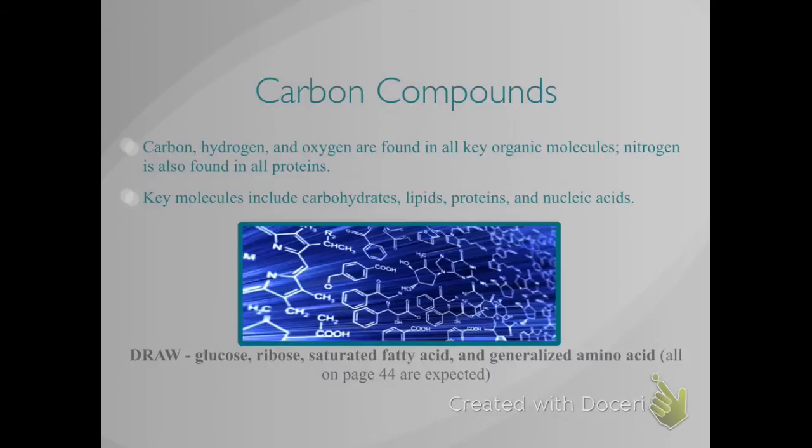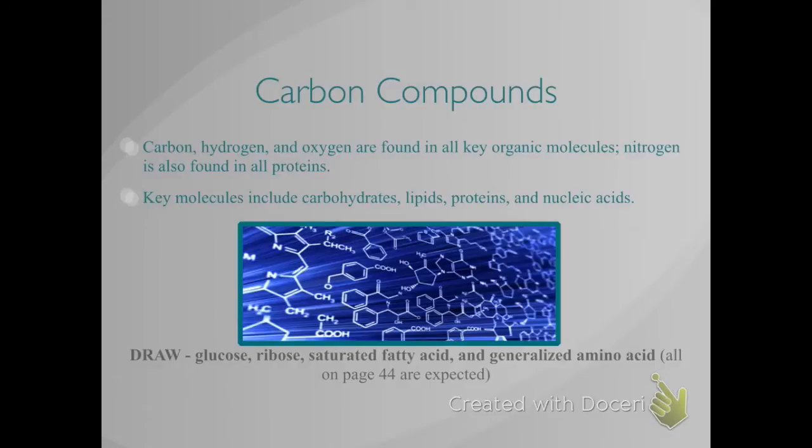So we are going to be getting very familiar with a few categories of carbon compounds. This includes carbohydrates, lipids, proteins, and nucleic acids. Those are our 4 essential organic carbon compounds needed for life. For all of these, they also contain hydrogen and oxygen, while nitrogen is also found in proteins.